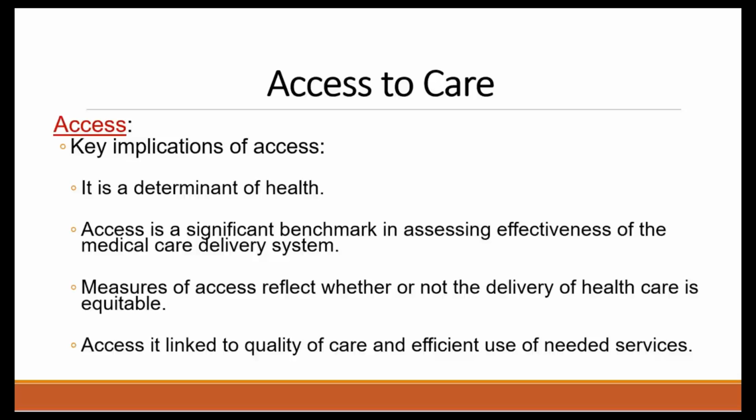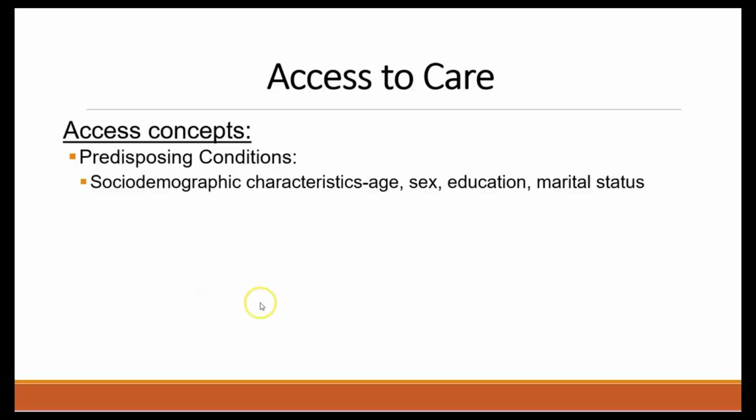So next, I really want to touch on the role of enabling and predisposing factors in access to care. So let me jump to the next slide. So here we are. Predisposing and enabling conditions result in some individuals using more medical care services than others.